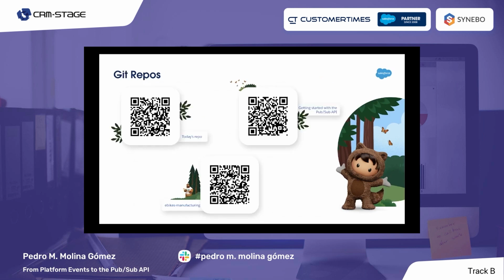Just some more: a couple of blog posts, really interesting, about getting started with the PubSub API, and the e-bikes manufacturing open repo created by the Salesforce advocates, that also contains the source of this application, the application I just showed you.